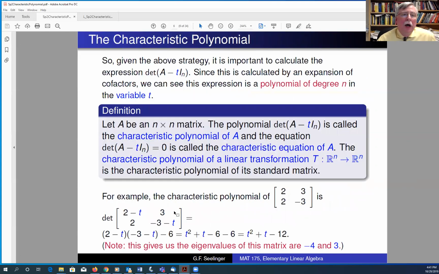This led us to defining the characteristic polynomial, and that's just this expression, the determinant of A minus t times the identity. We go ahead and take that determinant. It's a polynomial of degree n. That polynomial will have at most n roots, and these will give us the eigenvalues. And once we have the eigenvalues, we can find the eigenvectors.